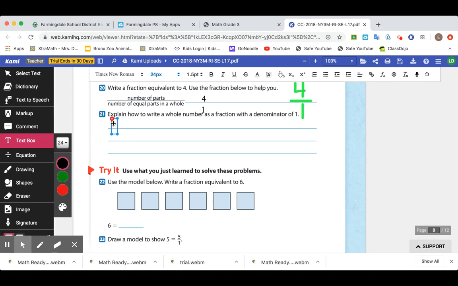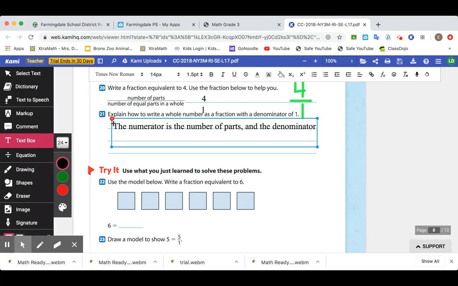Maybe we say the numerator is the number of parts and the denominator is the number of parts in each whole.